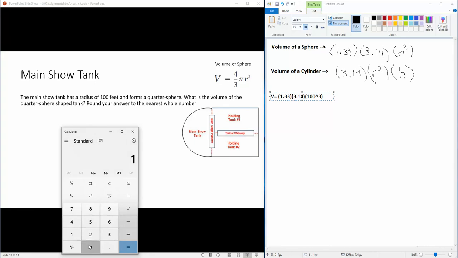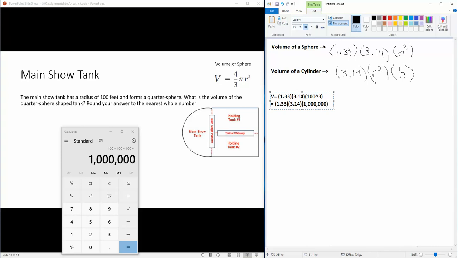So you might get your calculator up. You're going to have a bunch of zeros, basically. But you can do 100 times 100 times another 100, and we're coming out with 1 million. So if I'm simplifying this down, I'm going to have 1.33 times 3.14 times 1 million. I like to put the commas in just so I can keep track of how many zeros I've actually typed.